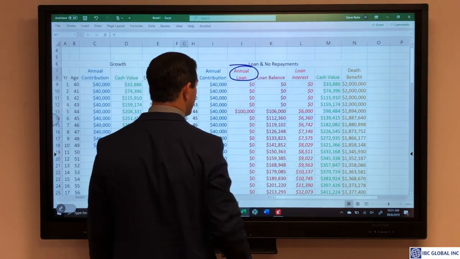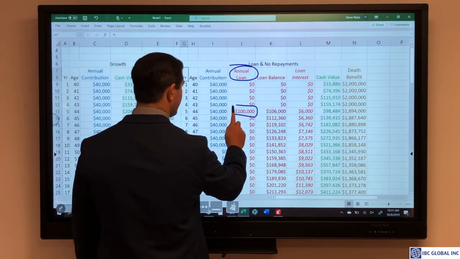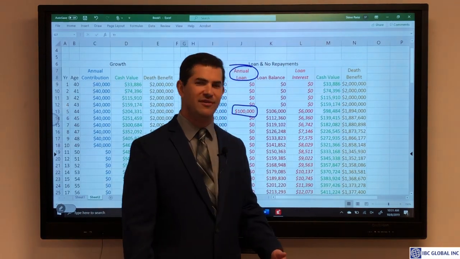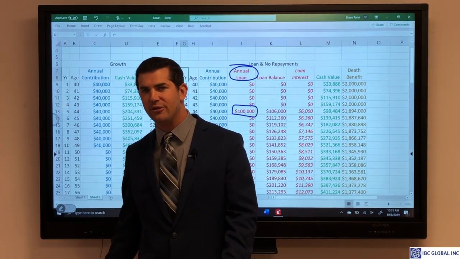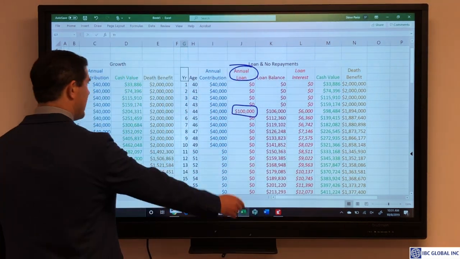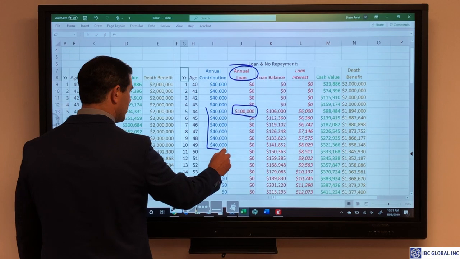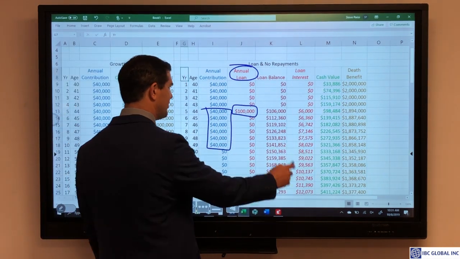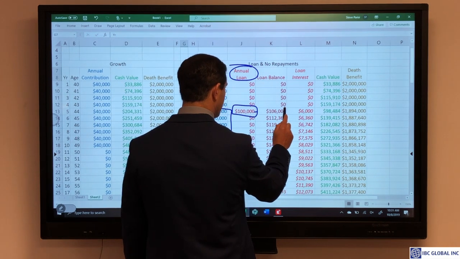So here's the 100K loan coming out, and then I take that loan out, life happens, things go south. I cannot repay it. We'll assume for this example, I can still make the 40K per year contribution, but I do not have the capacity to pay that loan.